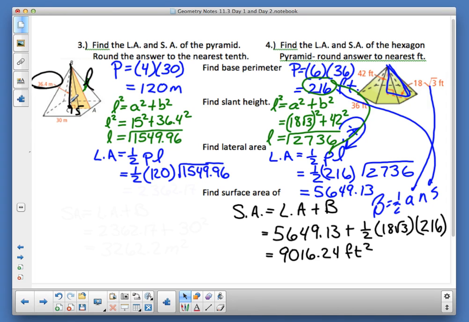How you doing? You plug them in right? Got them in your calculator? I'm getting it done.